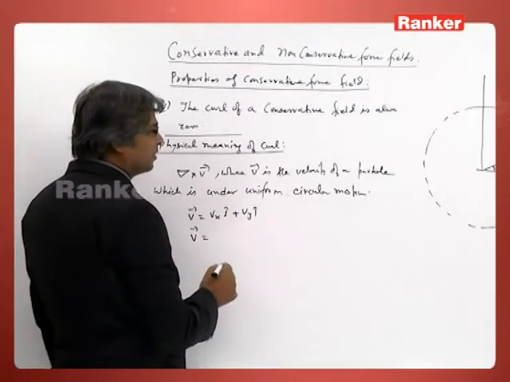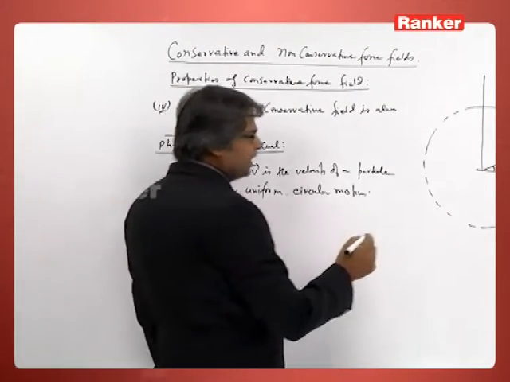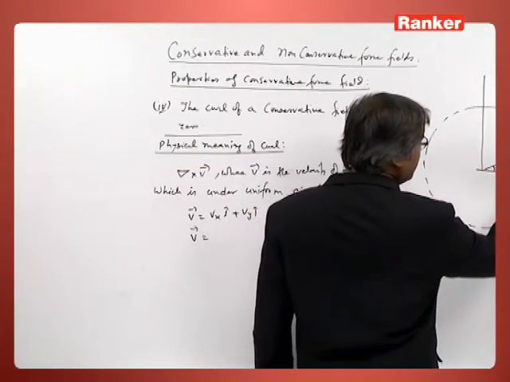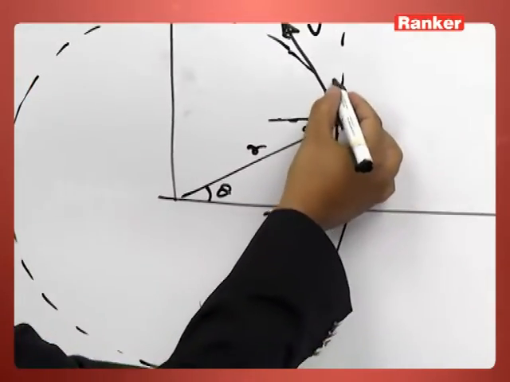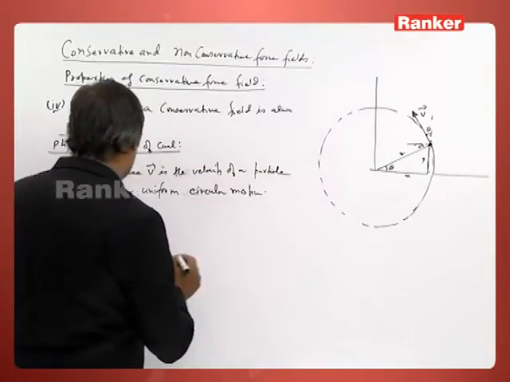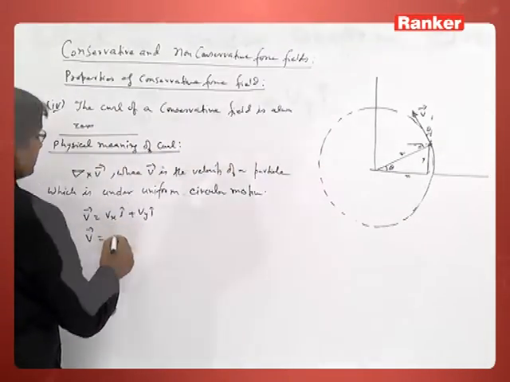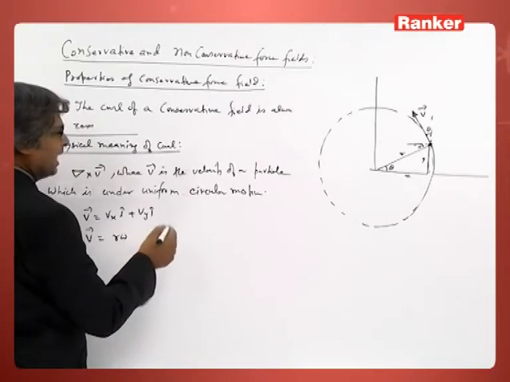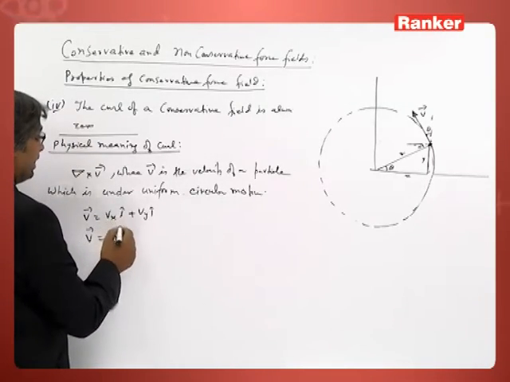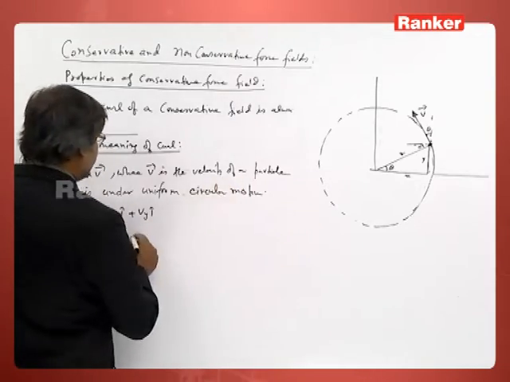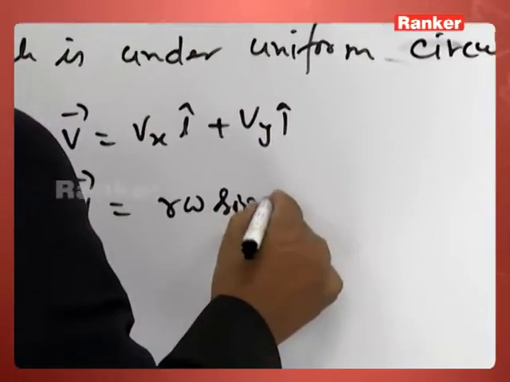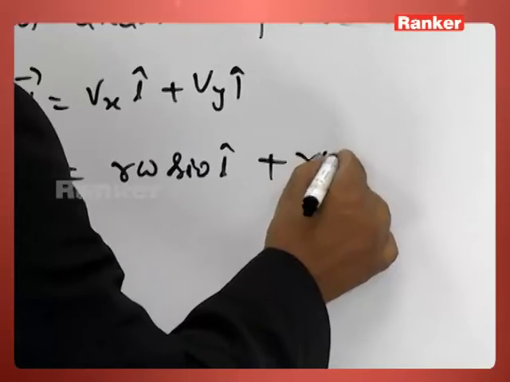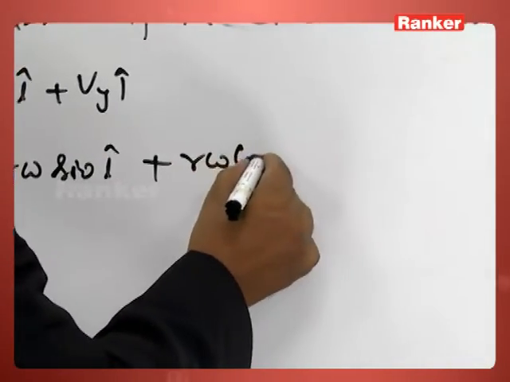Here you see this angle is theta, this is also theta, and this is 90 minus theta. So we have Vx equal to r omega, where omega is the angular velocity. Vx is r omega sin theta i plus r omega cos theta j.